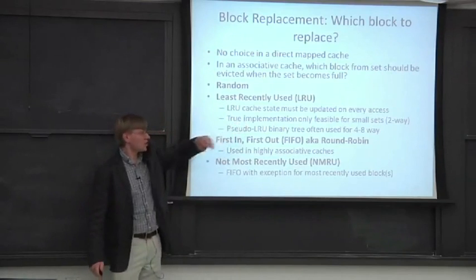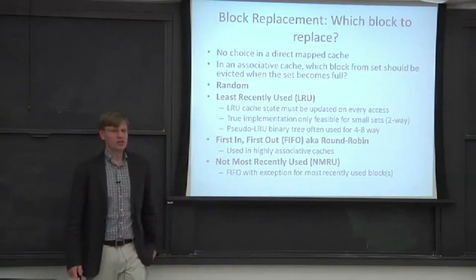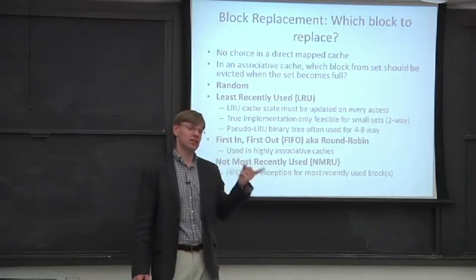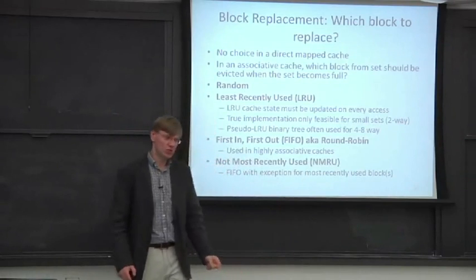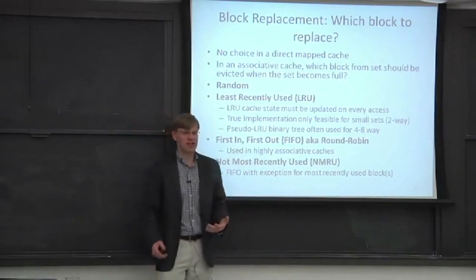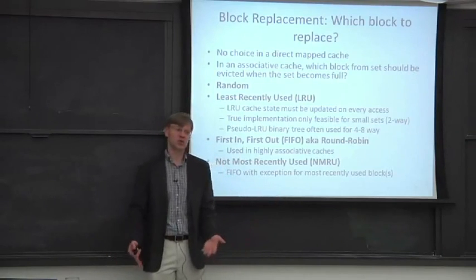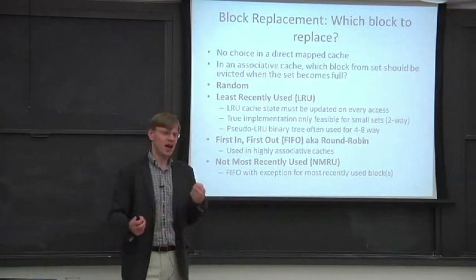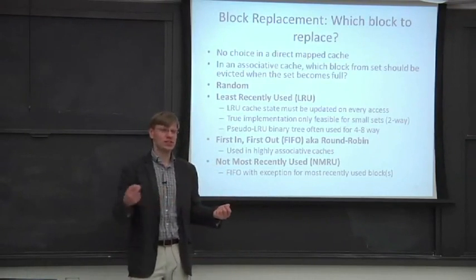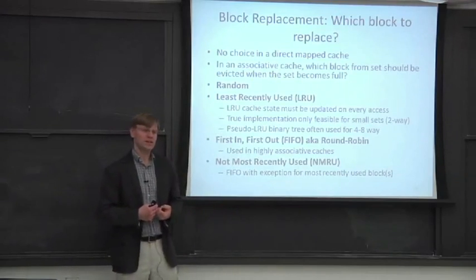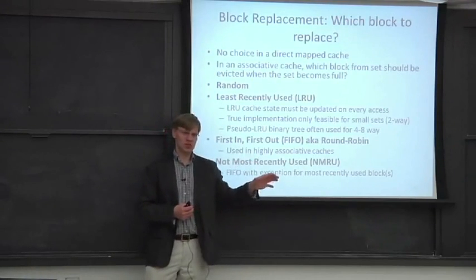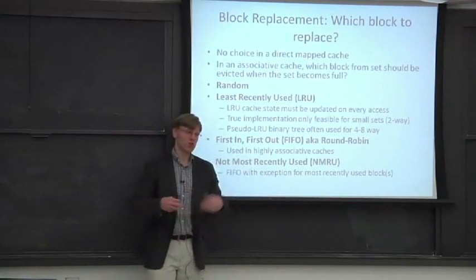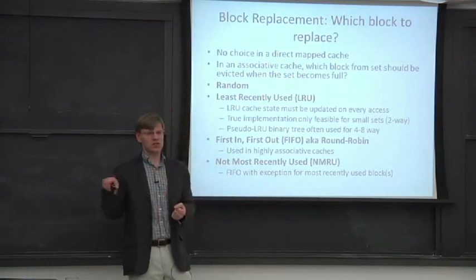What starts to get hard here is when you try to go above two-way caches. So two-way, you have one bit that can decide which is the least recently used. If you start to have, let's say, an 8-way set associative cache, and you want to do true least recently used, you have to somehow keep timestamps for each different way. You have to say, oh, well, this one was just recently accessed, and you can timestamp it. You could try to reorganize a list of numbers in order.